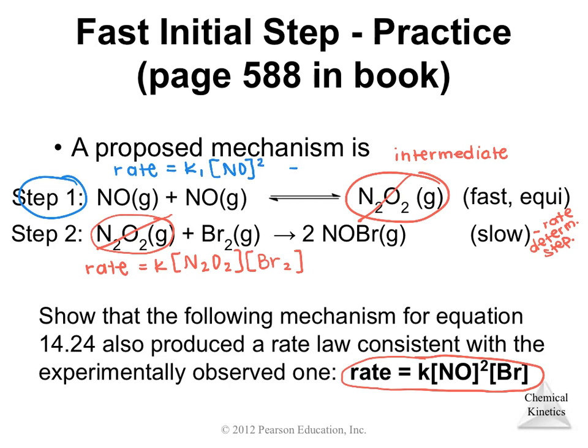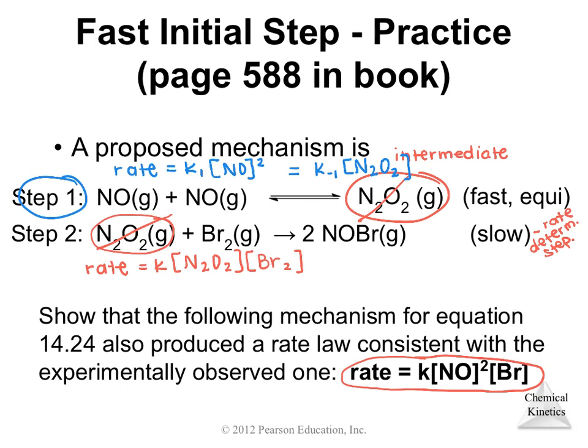And that is equal to my reverse rate. So I'm going to look at the products now, and I'm going to say k, and I'm going to use the subscript -1 to show that it's step 1 still, but now it's the opposite direction. That's where that negative comes from. And it is just the N2O2. Okay.